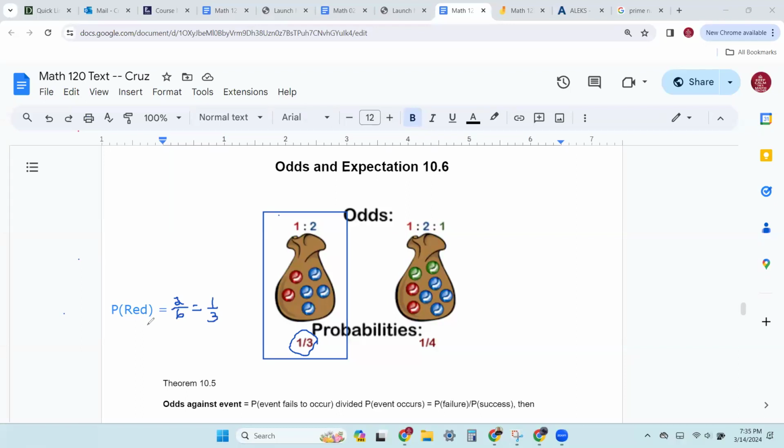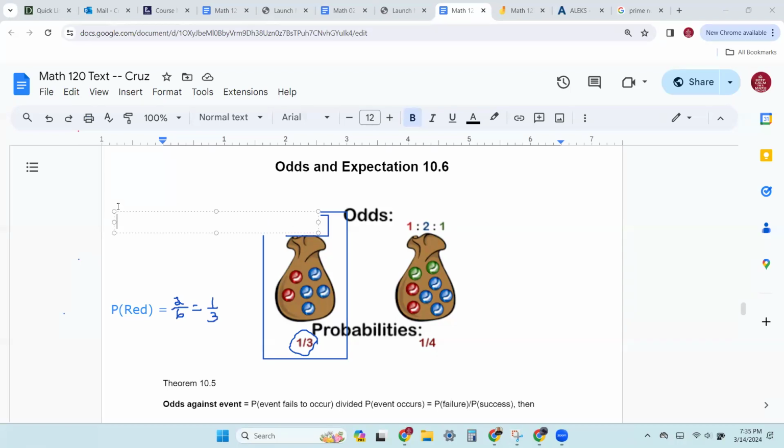But odds is slightly different. Odds tells us the relationship between what's red and what's not red. See up here? All right. Now, I'm going to write over here a little bit of explanation.